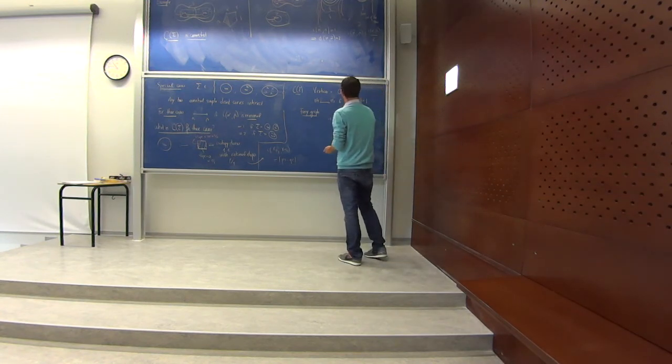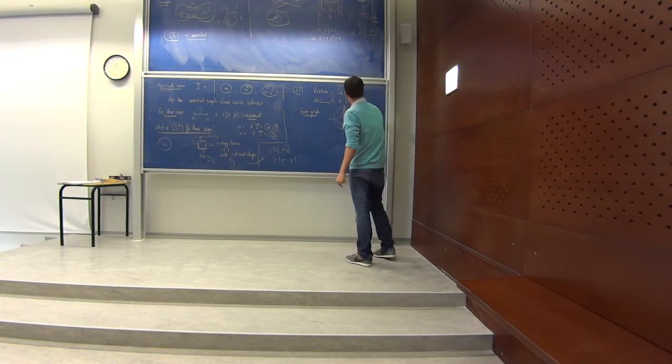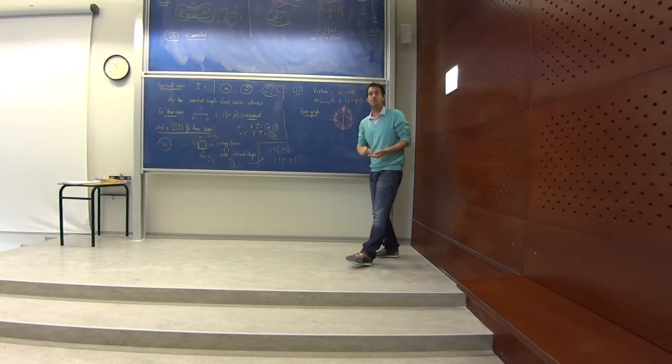It's easy to see that infinity and 1 are connected, and it looks like this. And then you can just keep on going, and this is what the graph looks like. So this is the curve graph.